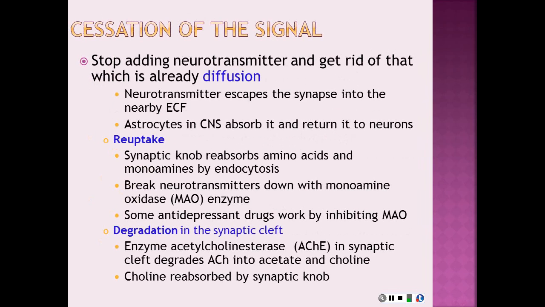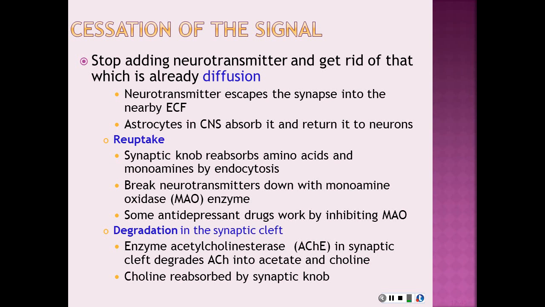The removal of neurotransmitter from the synaptic cleft occurs in three ways: diffusion, reuptake, and degradation. With diffusion, the neurotransmitter leaves the synapse and enters the extracellular fluid. In the central nervous system, the astrocytes absorb it and then return it to the neurons.